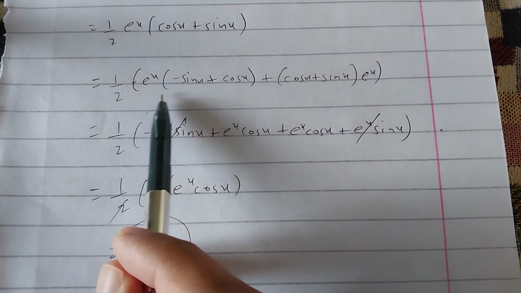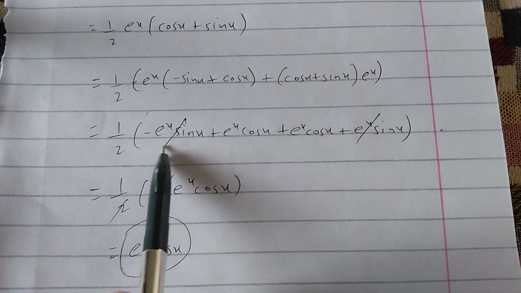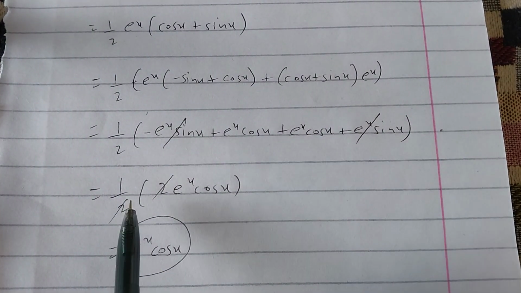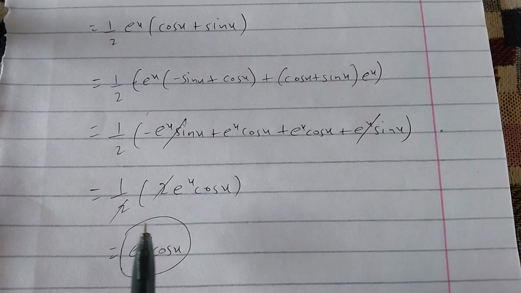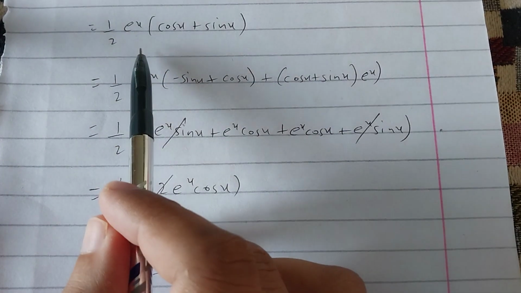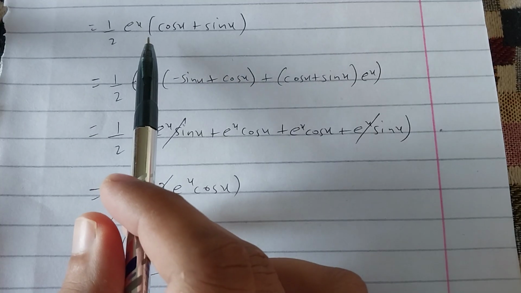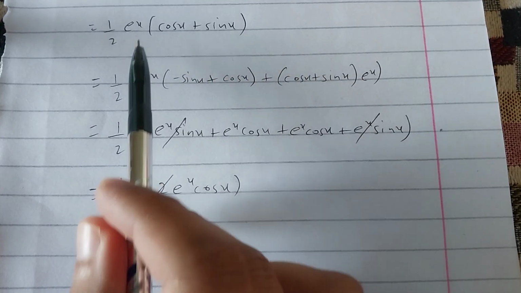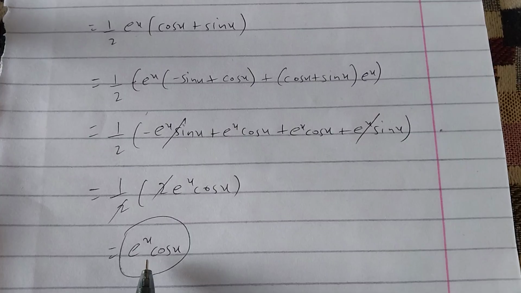And we just need to multiply this and add this. So these two terms cancel out and this 2 also cancels out. So we are left with the original function which we were integrating, e to the x cos x. So this is indeed our solution, because this has the derivative equal to our function which we were integrating.